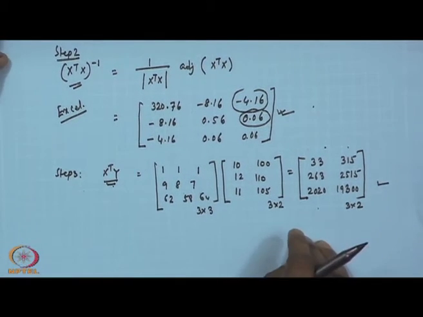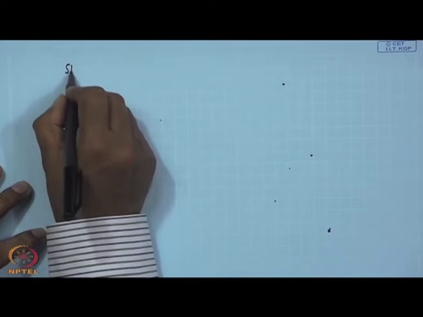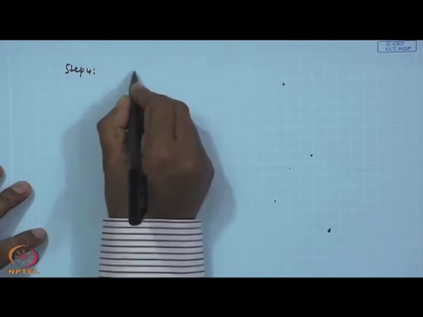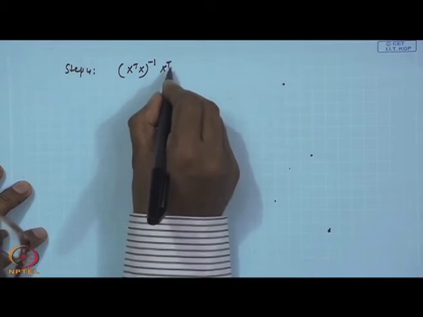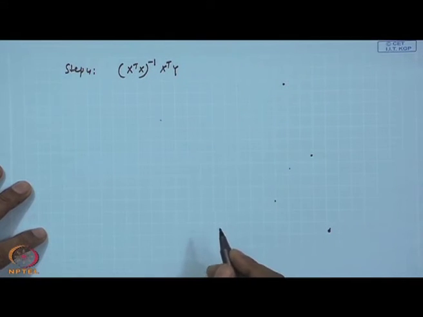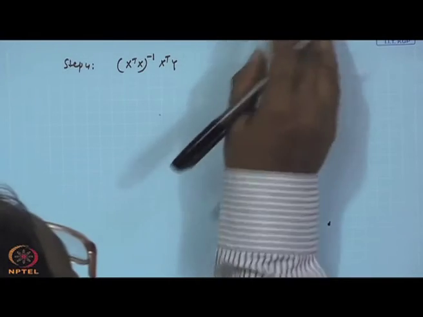Then what is required in step 4? You have to multiply (X transpose X) inverse and X transpose Y. These two matrices you multiply. And what is our (X transpose X) inverse?